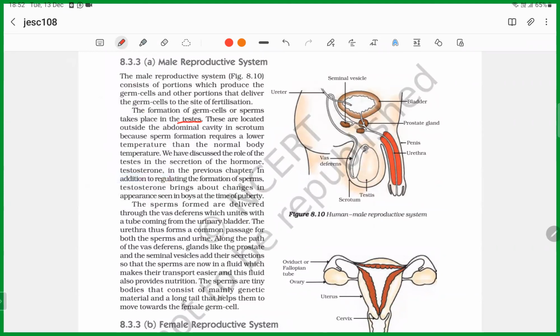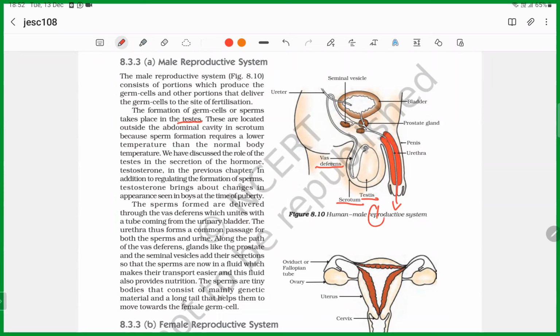the testis, okay, where gametes are produced, which is covered by scrotum, a kind of refrigerator, and then there are accessory ducts, especially vas deferens, which collect the sperm cells which are produced, and then of course it is extended till the external genitalia, and then there are glands which are associated.